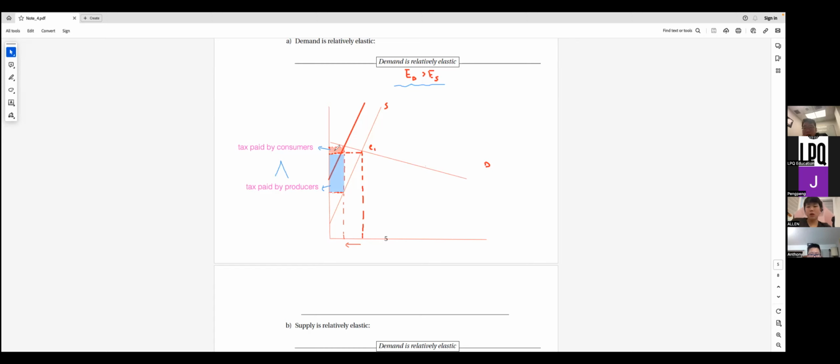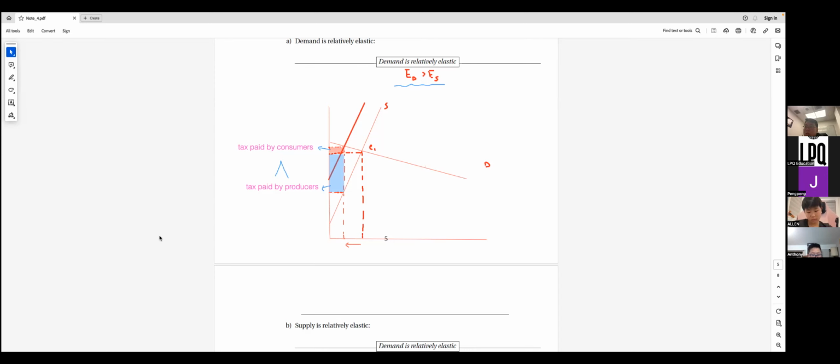If you don't care about this, you don't want to change your behavior that much. Okay, you reduce the quantity you produce, but not by that much. You just reduce the quantity you produce just a little bit. If you don't change your behavior, you pay a larger proportion of the tax.